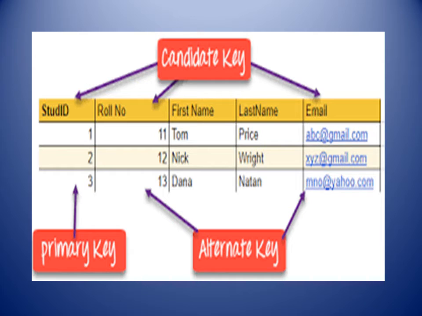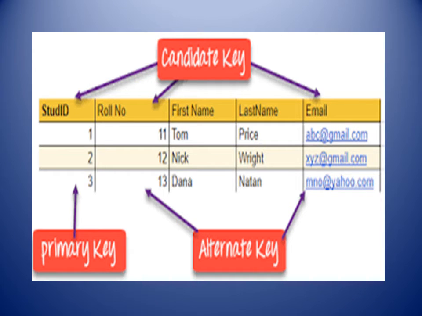But in a table, we can have one primary key, so we can finalize student ID as primary key, while others will be considered as alternate keys according to this example.